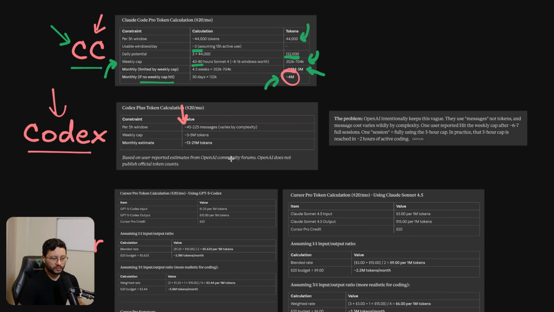And so what I did was go inside of the community and see how many tokens people have been able to use per week. And this was around 3 to 5 million tokens, which would give us a rough monthly estimate of 13 to 21 million tokens.